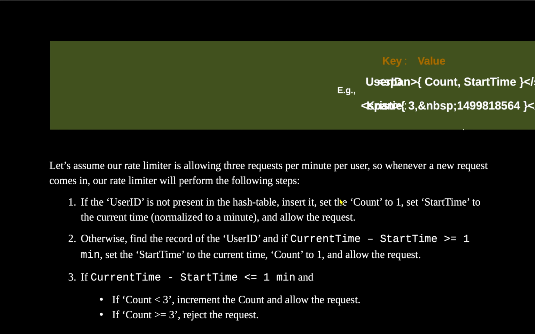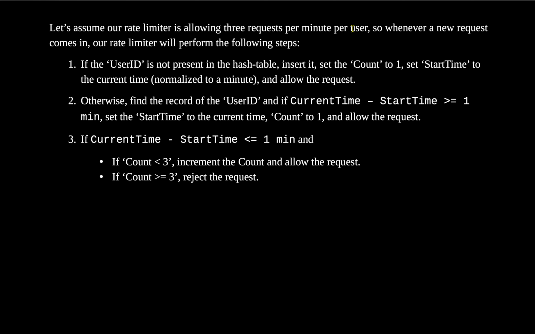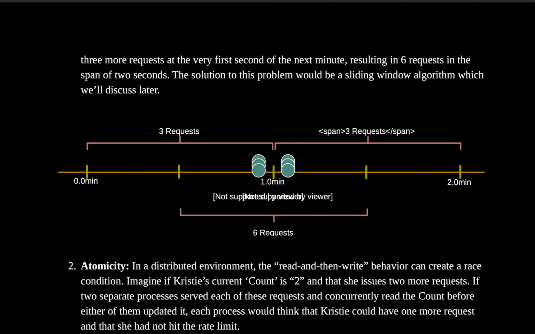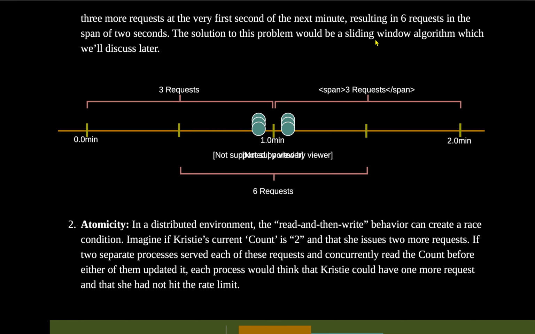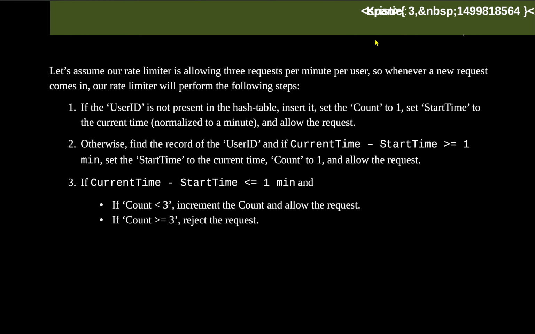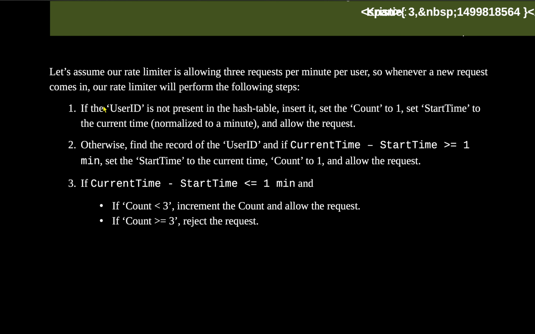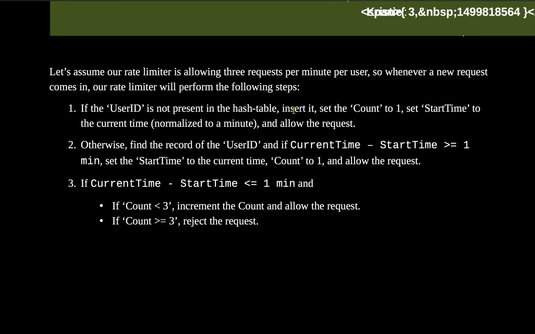Cool. Now let's assume our rate limiter is allowing 3 requests per minute per user. So whenever a new request comes in, our rate limiter will perform the following steps. If the user ID is not present in the hash table, insert it.